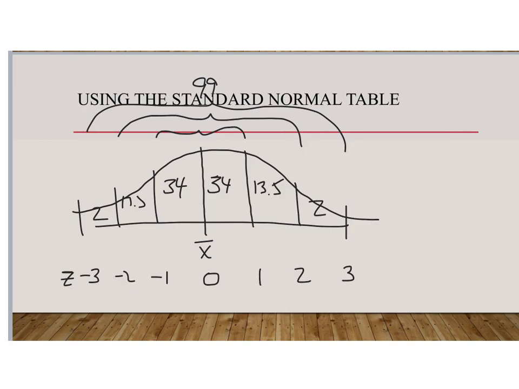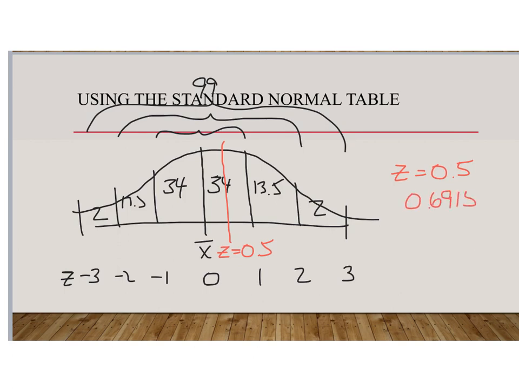But how the table works is, let's say we have a score that is in this area right here. And let's say it has a z-score of 0.5. So on the table, you would go down the left-hand side to the positive 0, and you go over on the top to the 0.5, and you get a value of 0.6915.